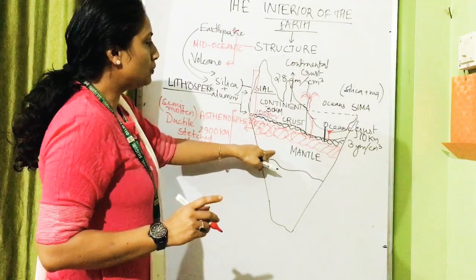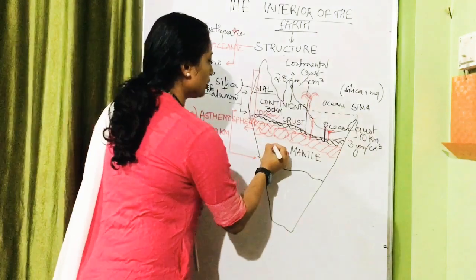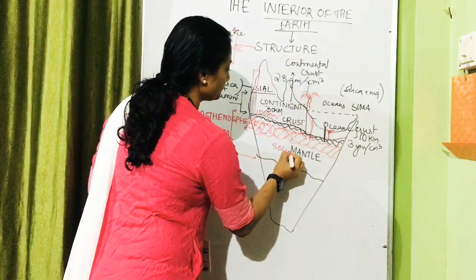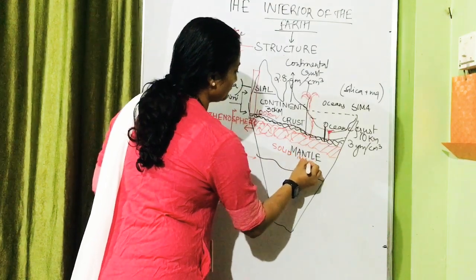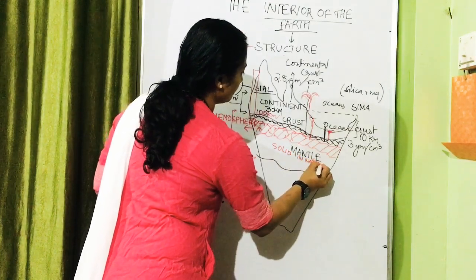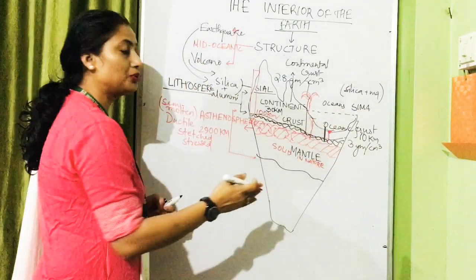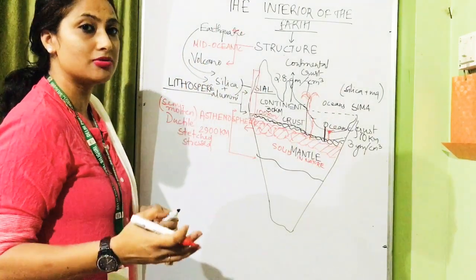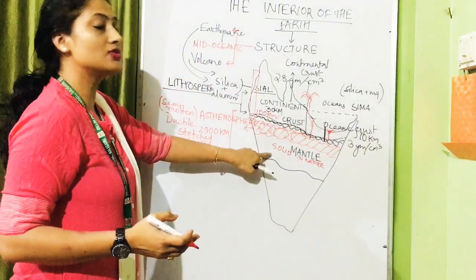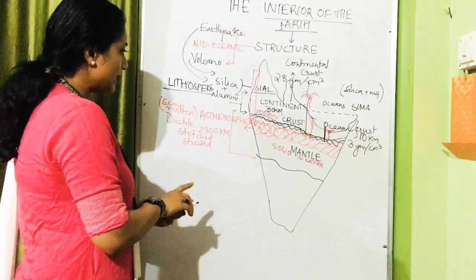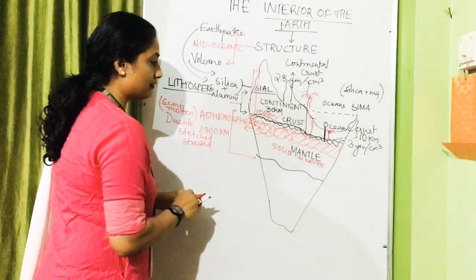Next, as we go down the mantle layer, it is again solid in nature. And slowly and gradually you will find the density of minerals or elements increases as we go down. Next, below the mantle layer we have the core.